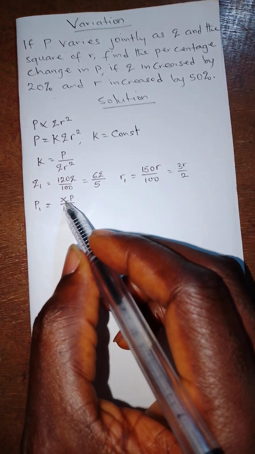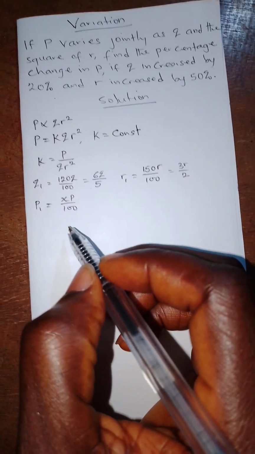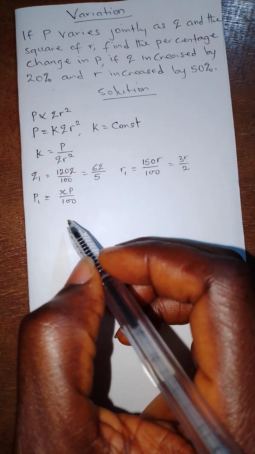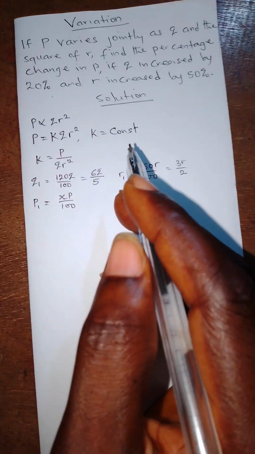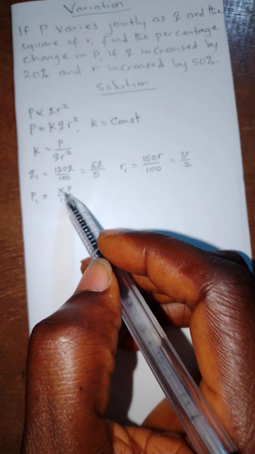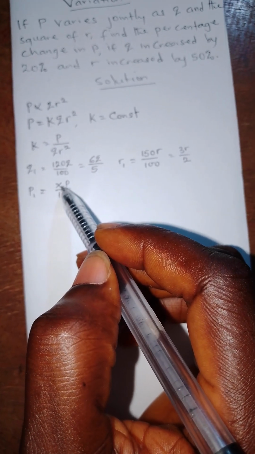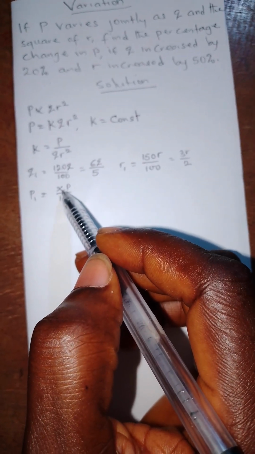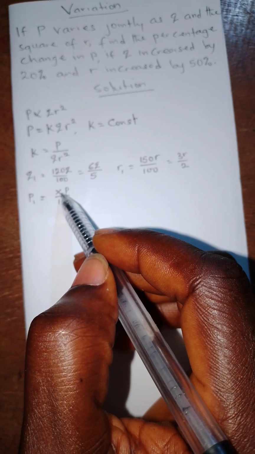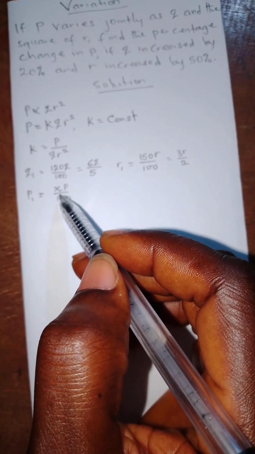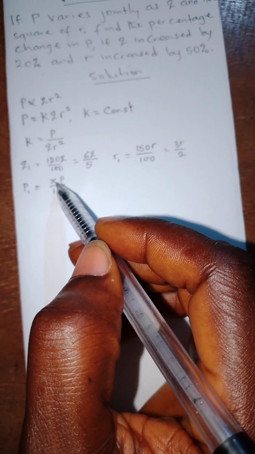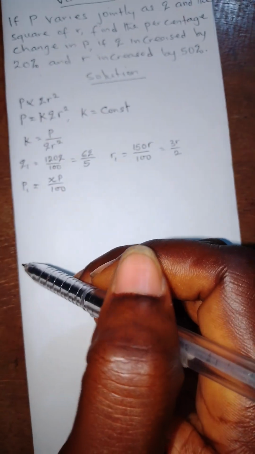Now where this X is the increment, that's going to be 100 plus the increment or the change. So it's either it increases or it decreases. So now X is going to be 100 plus the change. So that's X.